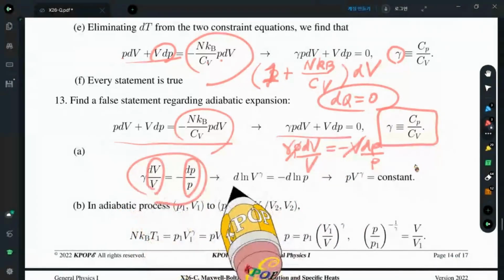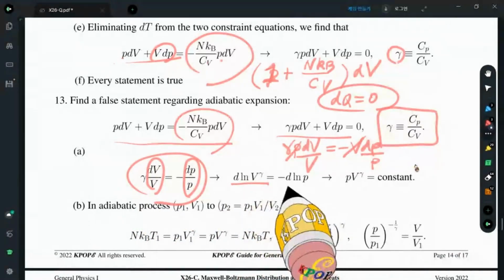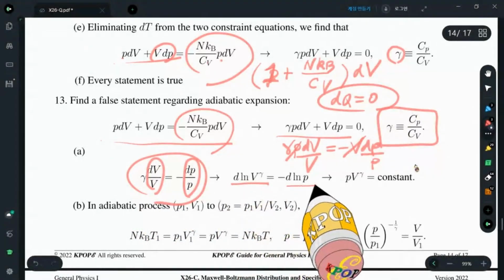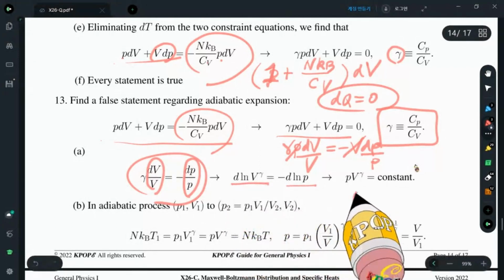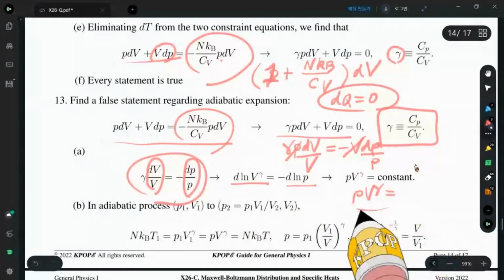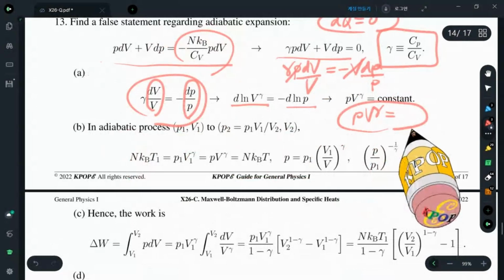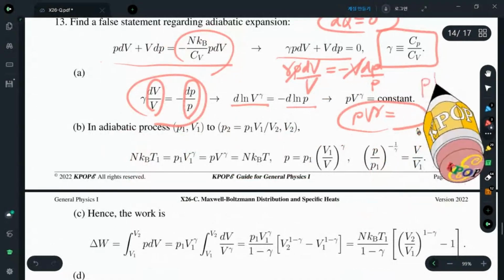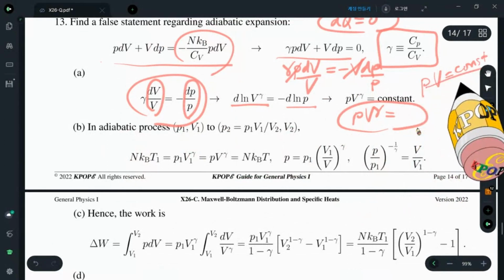As a result, we get log V to the gamma and log P. If we combine both of them, it gives PV^gamma is a constant. PV equals constant is for a constant temperature, but PV^gamma equals constant is specific to the adiabatic process.